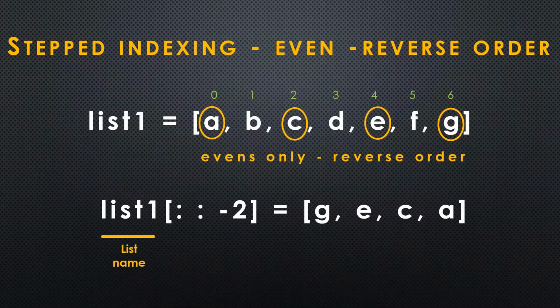So again, list1 is the name of the list. The double colon means we are considering the entire list. And a negative step means that we start from the end and each index will be subtracted by 2. So the indices in this case will be 6, 4, 2, 0, resulting in the list being G, E, C, A.